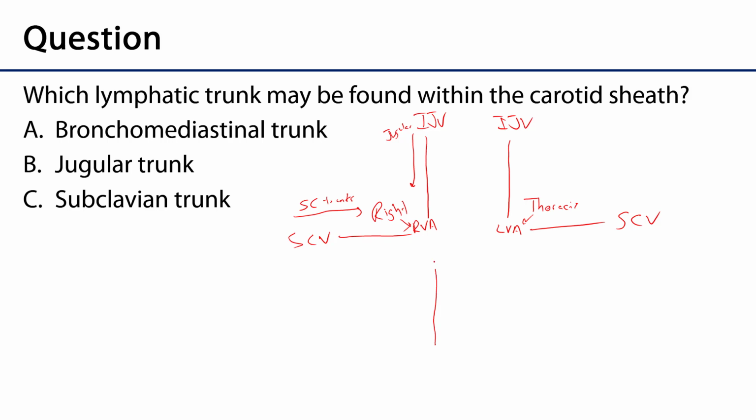And then ascending the thorax, there will be bronchomediastinal trunks. And these trunks may independently enter into the vicinity of the venous angle, but conceptually we have them going into ducts. And so within the carotid sheath would be the jugular trunk. Correct answer is B. Okay. Thank you for your time, all.